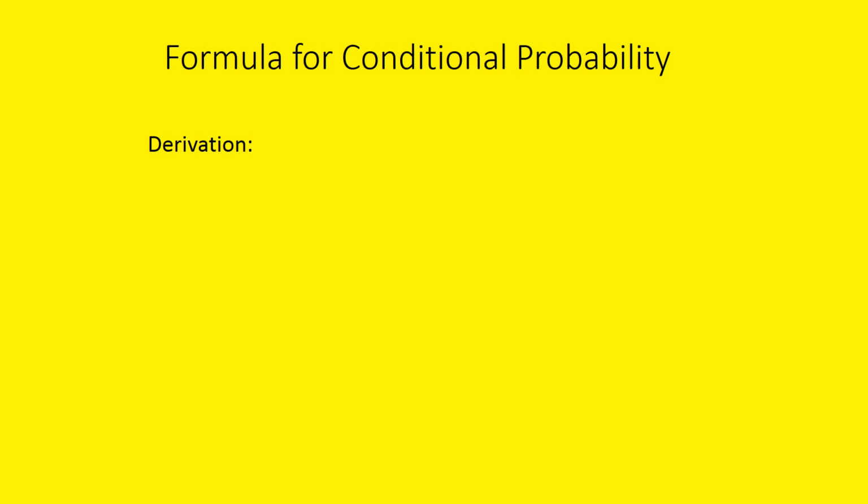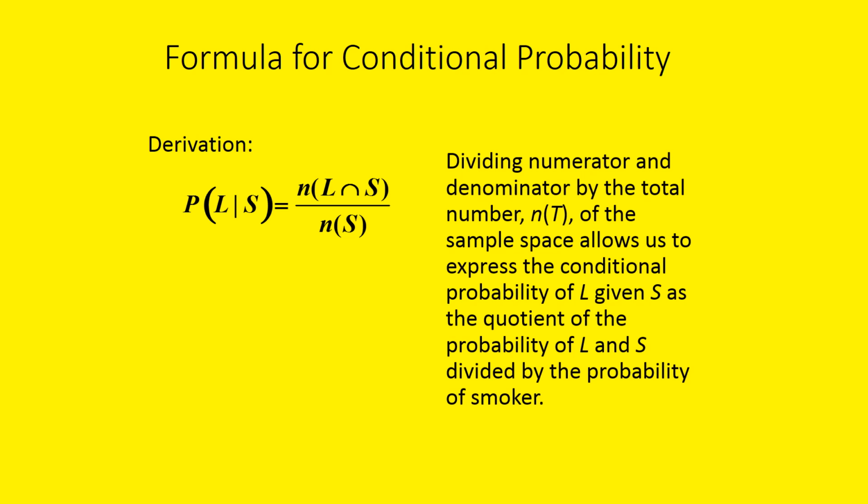Okay, formula for conditional probability. Derivation. The probability of lung cancer given smoker is, as we have seen, the number of people that have lung cancer and smoke divided by the total number of smokers. Now we're going to get another formula not involving n but involving p, the probability of. These both involve n.